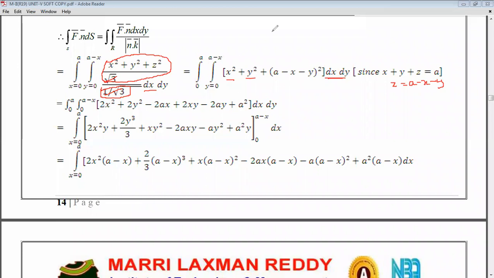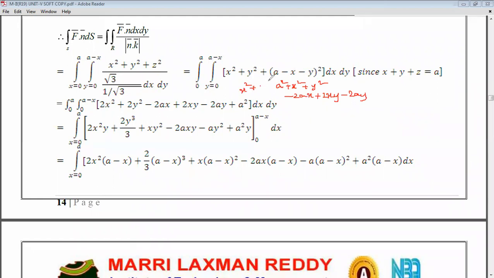Now we are going to simplify this one. So we have x square, and of course you can expand this. If you expand this using the a minus b minus c whole square formula, we get a square plus x square plus y square minus 2ax plus 2xy minus 2ay. And here we have x square plus y square.